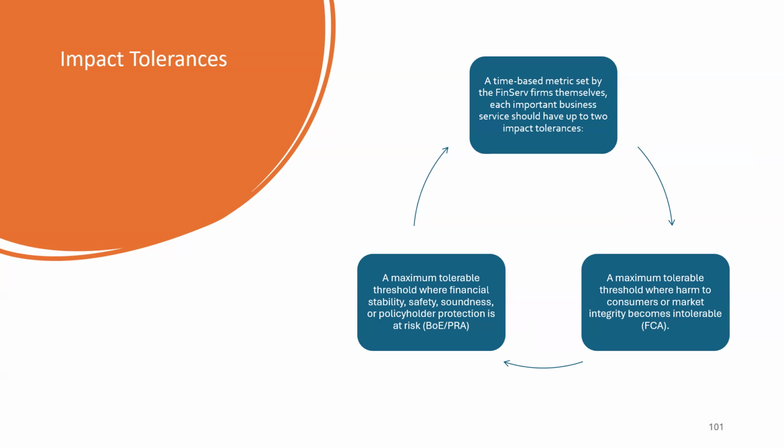The service that you provide to them were to be unavailable for 2 days, then your impact tolerance should be set at 2 days, which means that you've got 2 days to fix whatever has caused that business disruption or that disruption to the service that you're providing to them. A maximum tolerable threshold where harm to consumers or market integrity becomes intolerable.